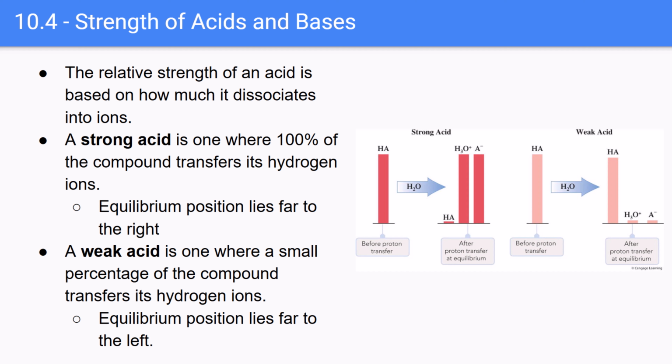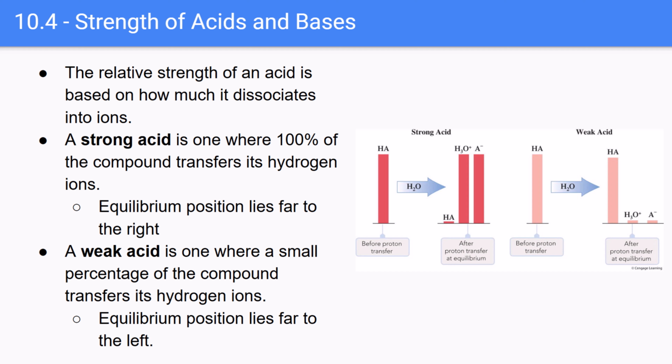A weak acid is one where a small percentage of the compound dissociates and transfers into its ions. So you can consider that to be one that does not produce a lot of H+, and as a result, the equilibrium position lies really, really far to the left. So the strength of an acid, and if we look at the diagram on the right-hand side, depends on how much H3O plus we get from it once it reacts.